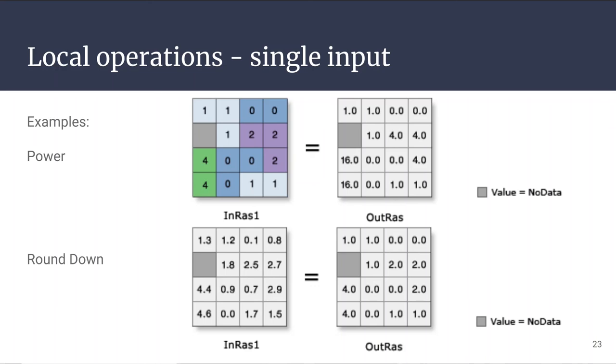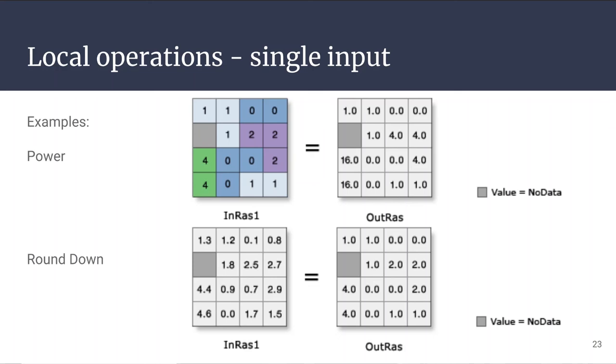So in the example on the top of this slide, we have each of these cells, cell by cell, basically squared. So if you take 1 squared, it's still 1. At the bottom left, if you take 4 squared, the output would be 16 instead of 4. Again, 0 squared is 0. So you end up with a new range of values based on just squaring the original value in each cell.